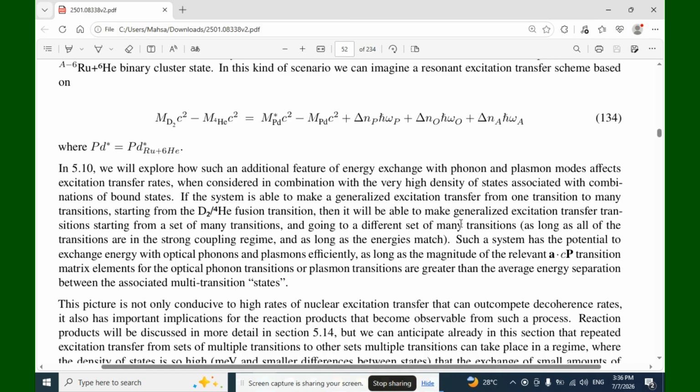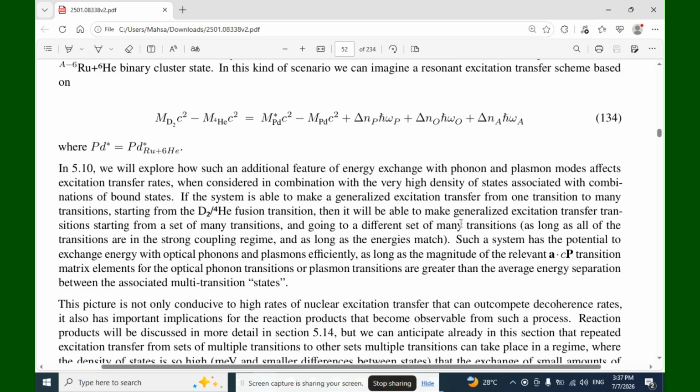We will explore how such an additional feature of energy exchange with phonon and plasmon modes affects excitation transfer rates, then considered in combination with the very high density of states associated with the combinations of bound states.